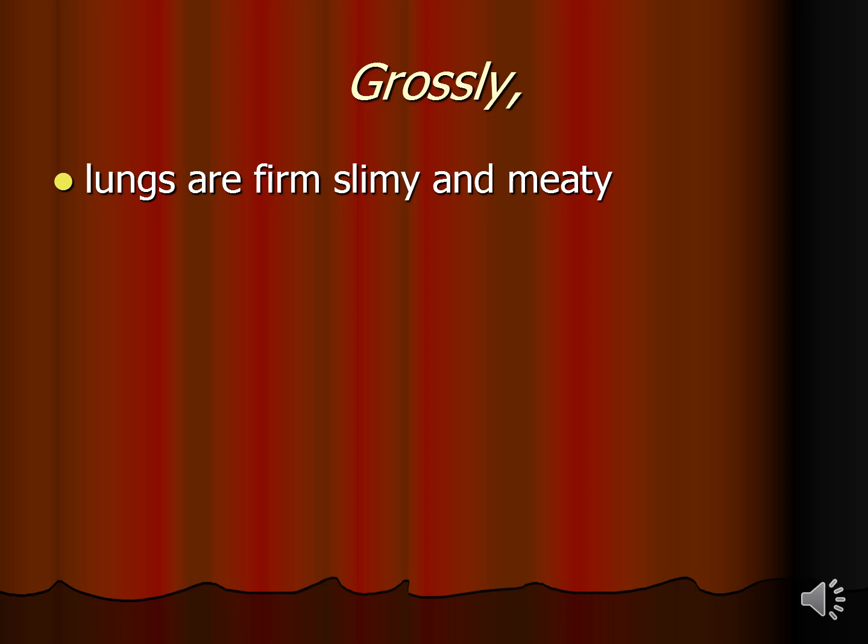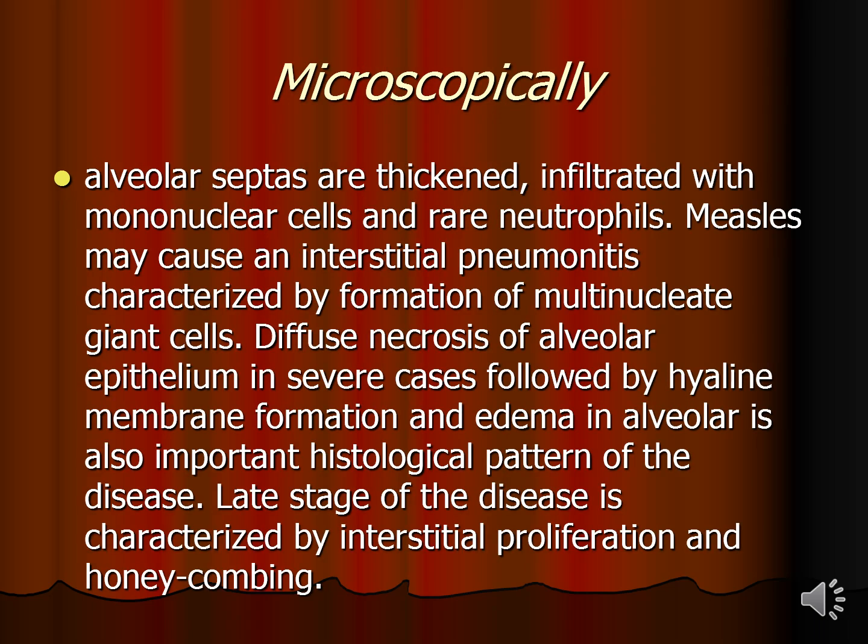So lungs are firm, slimy and meaty, looking like meat texture. Under microscope, alveolar septa are thickened, infiltrated with mononuclear cells and an admixture of neutrophils.